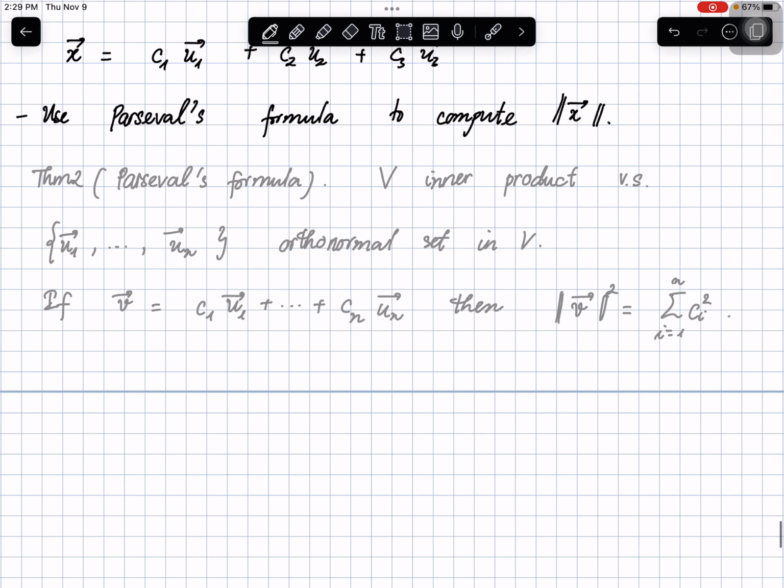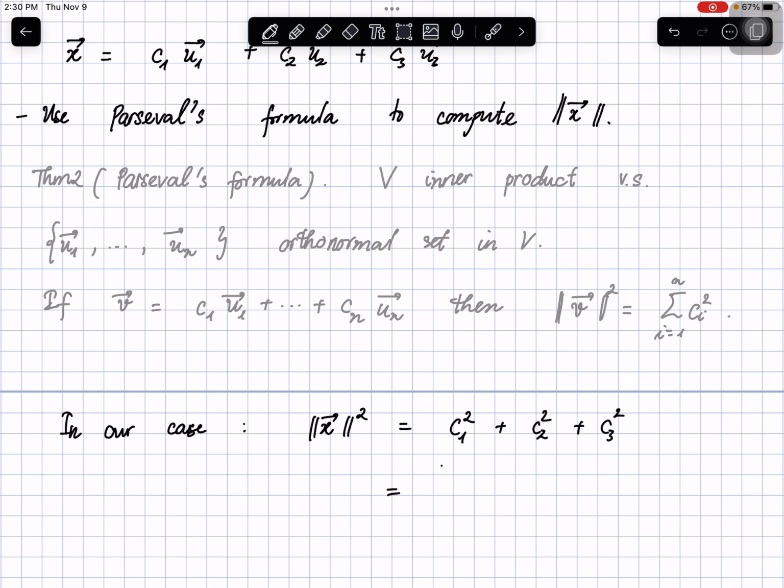So in our case, by the Parseval formula, the norm of x squared is c1 squared plus c2 squared plus c3 squared.